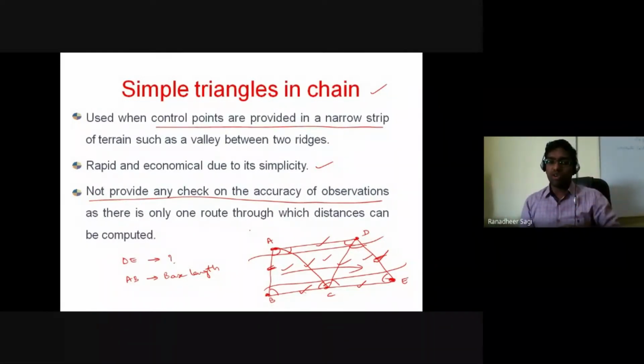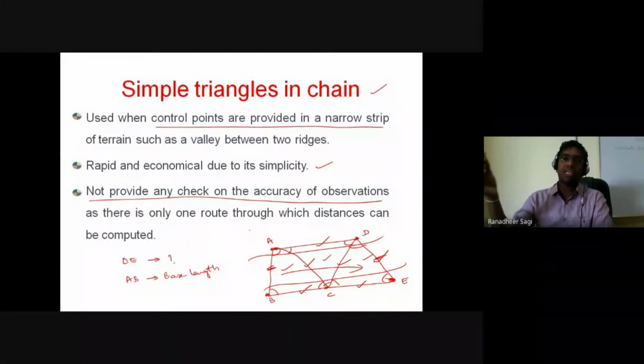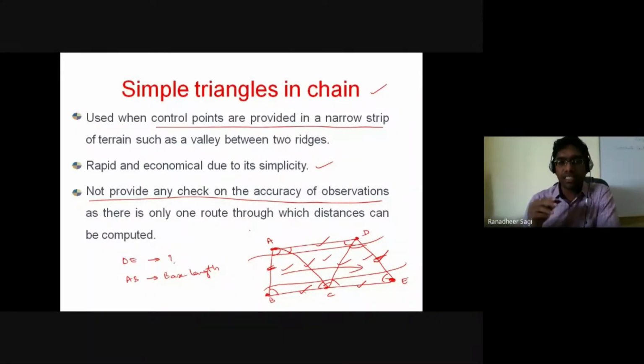Without knowing the length of the AC member, I cannot find out the length of the CD member. So if I know one thing, then only I can find out the other. There is no alternative route for me to travel and subsequently find out length DE. So that's one of the disadvantages, as there is only one route through which your distances can be calculated.